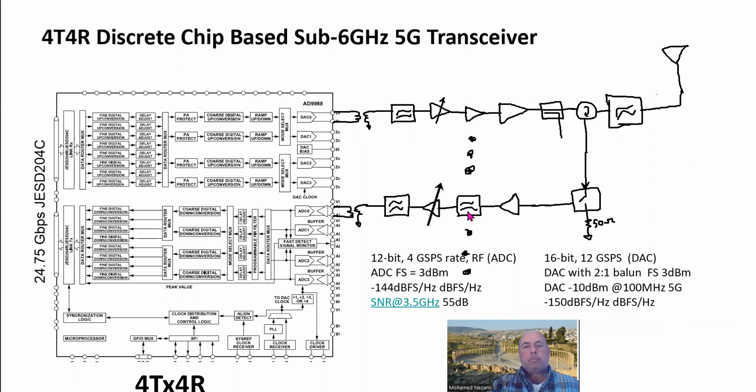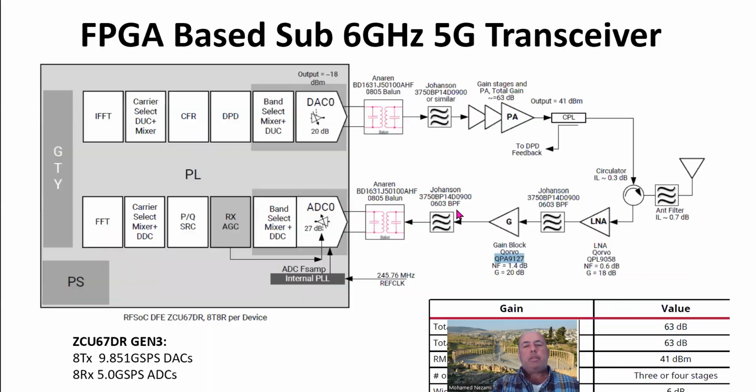So basically, these are TDD systems, time division duplexing, meaning the transmit path and receive path are multiplexed using a circulator that isolates the transmit and receive paths.